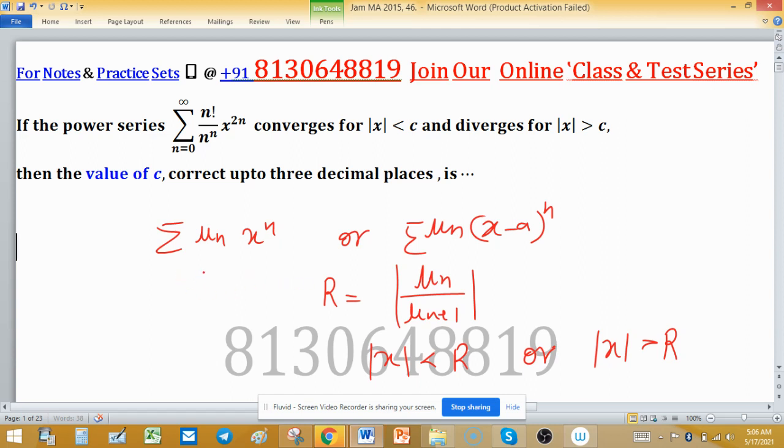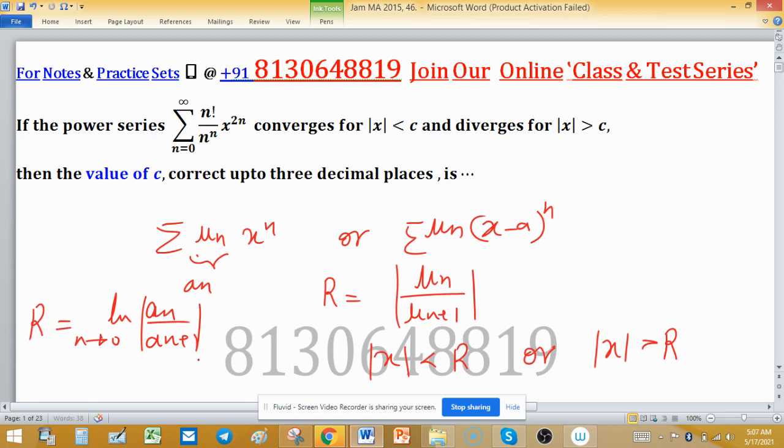But whenever the power series is not in a standard format, you can consider this as a_n, and we have to find the limit of a_n upon a_(n+1), and we need to take the modulus, because sometimes the power series may be alternating, positive or negative. So the limit as n tends to infinity gives the radius of this power series.